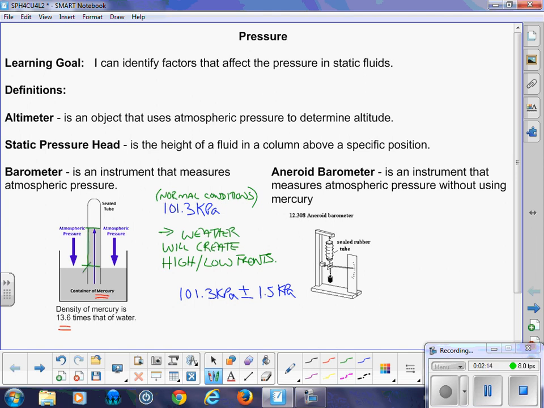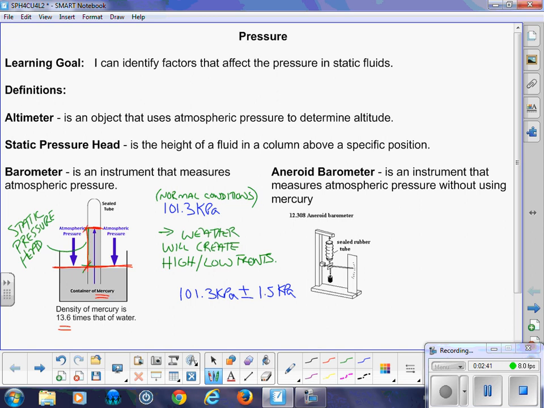So that distance right there is your static pressure head. The static pressure head is a measurement above the liquid surface. So here's your liquid surface, and that's that measurement right there. So that's your static head.